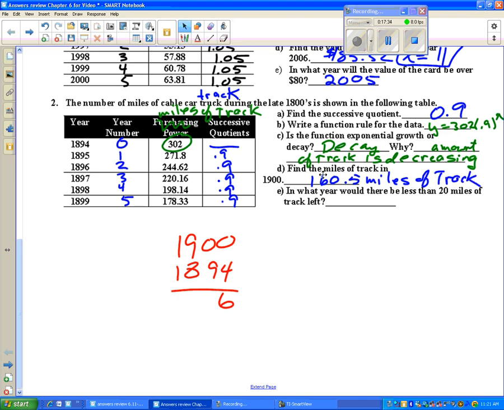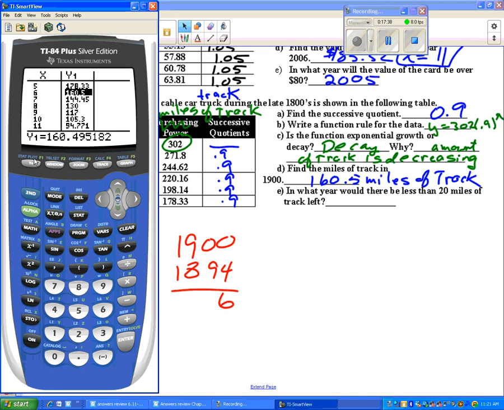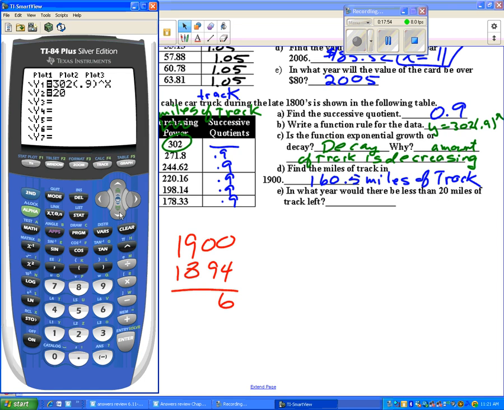In what year would there be less than 20 miles of track left? So I want my y2 to be 20. Now, if I was in the table, could I scroll down until I get to 20 some here in y1? Sure, or below 20. Or I could plug it into y2. I want my window, 302 was my top number, so I need to see below 302.